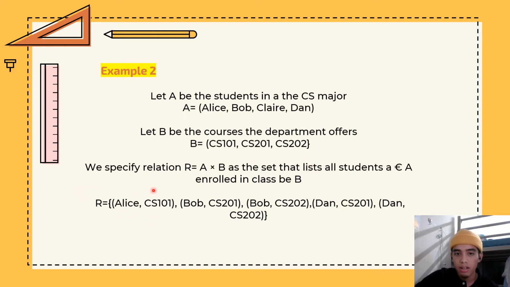We specify the relation R equal to A cross B as the set that lists all students a, an element of set A, enrolled in the class b. So this is the domain and this is the range. Alice pairs with CS101, Bob with CS201, Bob with CS202, then Dan with CS201 and CS202.